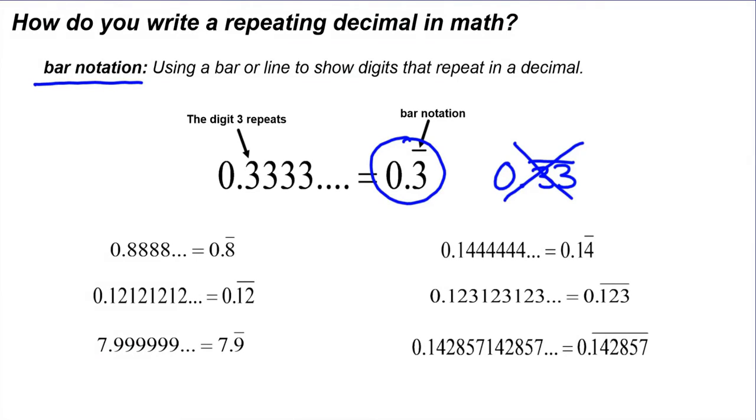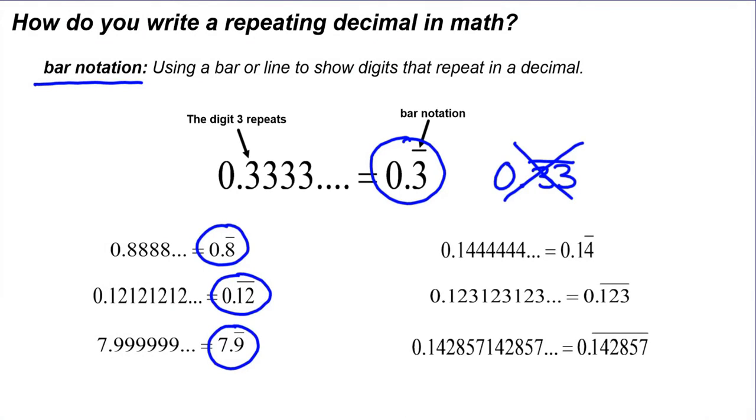So again, below here are examples of writing repeating decimals in bar notation. So 0.88888, we can write that as 0.8 with a line over it, a bar over it. Here's our 0.121212. Here the 1 and the 2 both repeat, so we have to write both digits with a line over both the 1 and the 2. And next we have 7.9999999. There, only the 9 repeats.